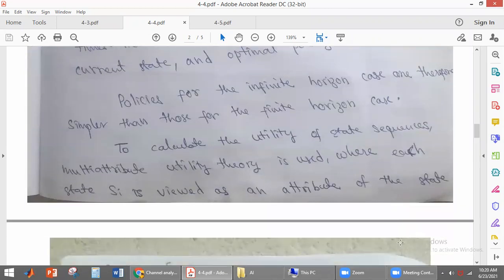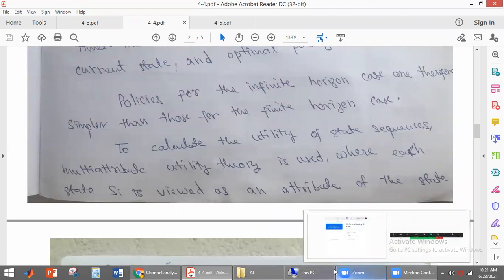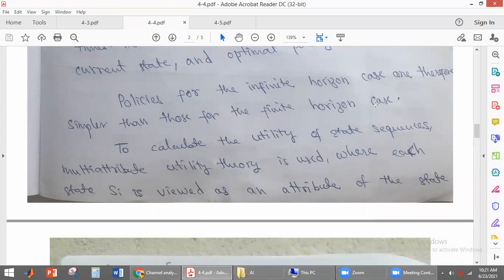Now, what do we have to do? We have to find the utility of state sequences whenever some action is performed. To find the utility of state sequences, we use multi-attribute utility theory. So what is this theory?